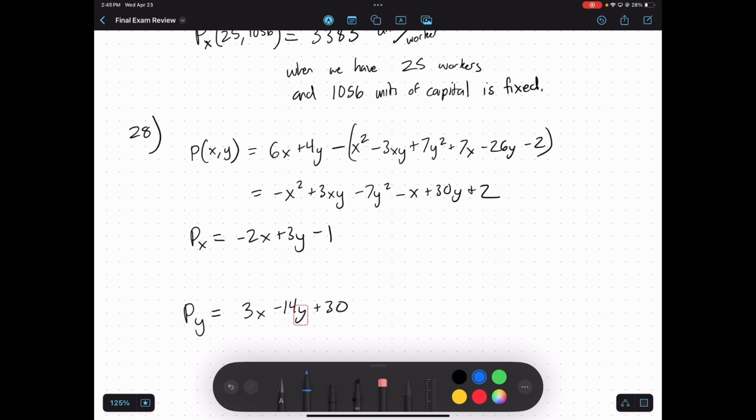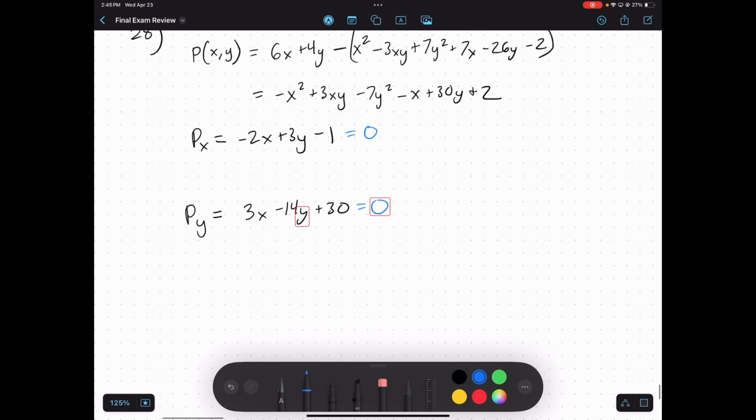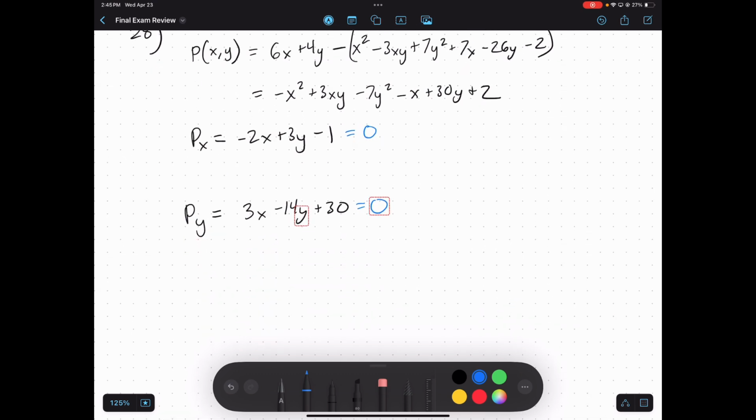What do I do with both of those? Set them equal to 0. I want both to be equal to 0. And then you're looking for your critical point. Because you have two unknowns and two equations, remember, you're going to have to use a little bit of substitution here.